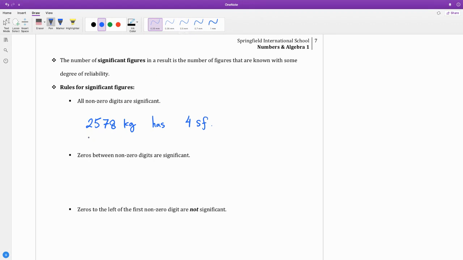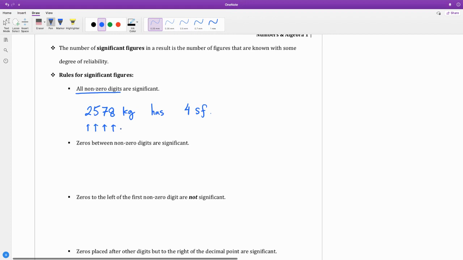We can count it here: 1, 2, 3, and 4 significant figures. Once again, all non-zero digits are significant. The second one, zeros between non-zero digits are significant.